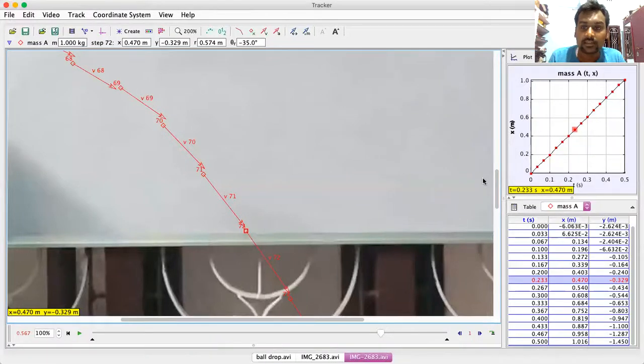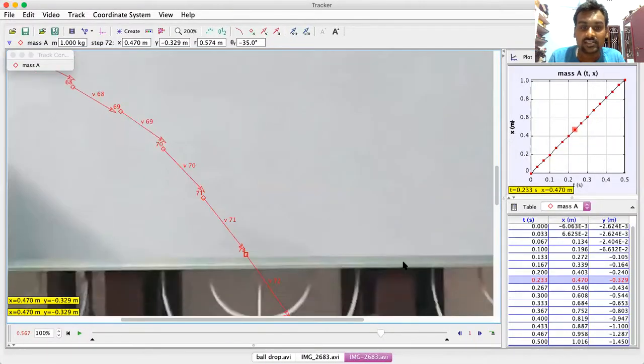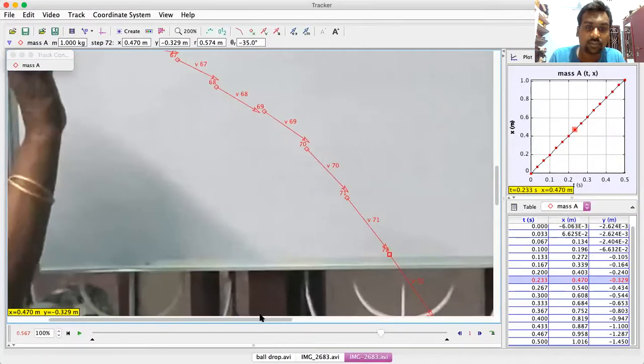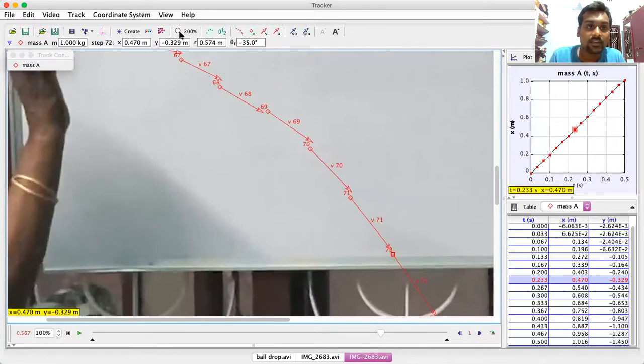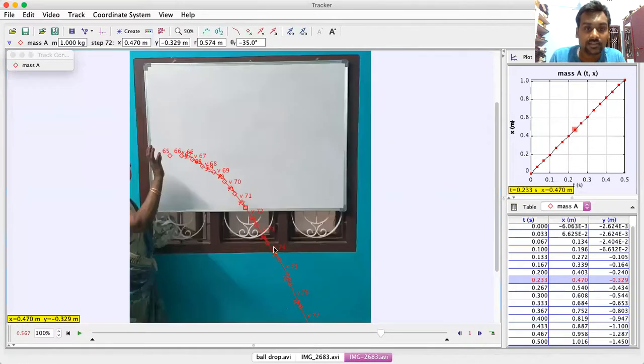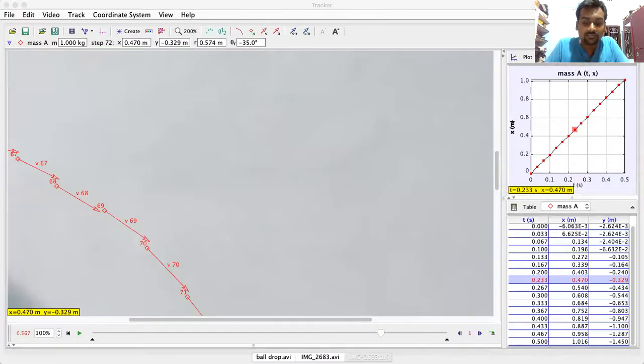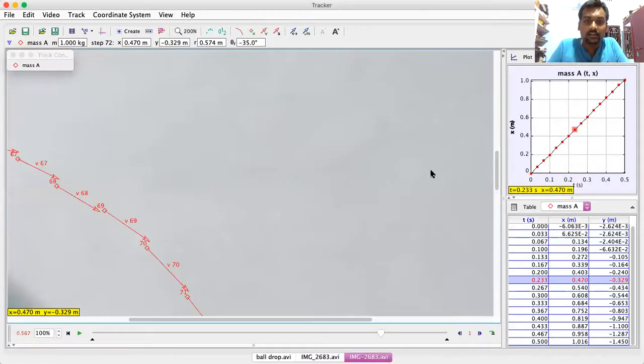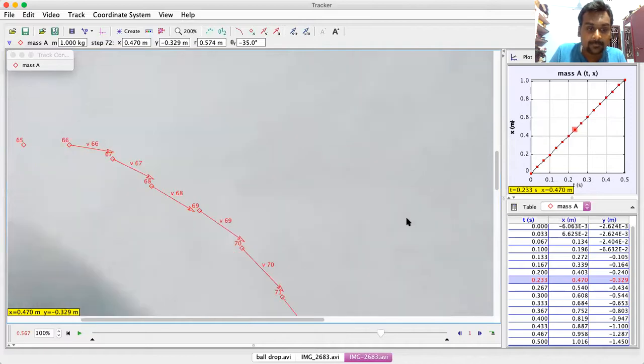As you can see on your screen now, the vector nature here is represented using an arrow. What you're seeing right now is the velocity vector. These velocity vectors represent the velocities of the ball at various instants in time.